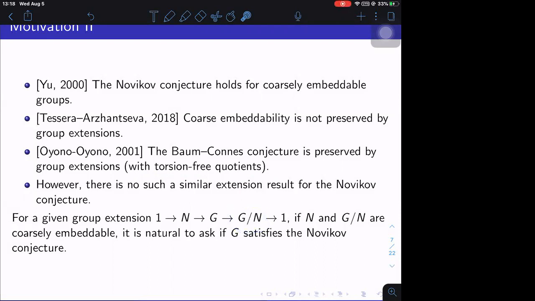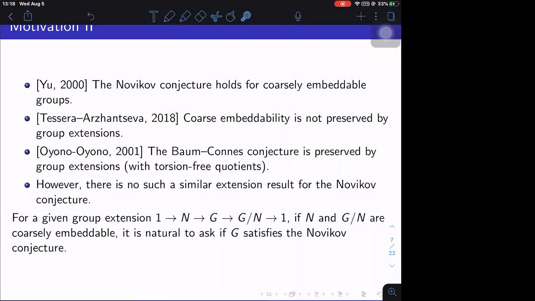Maybe the easiest case is if the quotient group is torsion free and satisfies the Baum-Connes conjecture, and the normal subgroup satisfies the Baum-Connes conjecture, then G satisfies the Baum-Connes conjecture. I should say the Baum-Connes conjecture with coefficients here, so you have to consider the coefficients. But this already covers a lot of cases for the Baum-Connes conjecture.